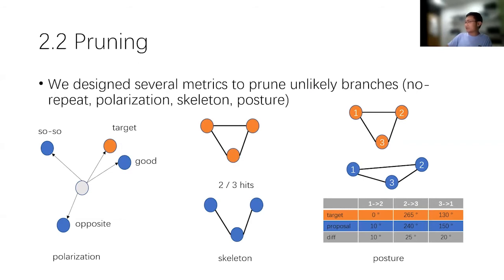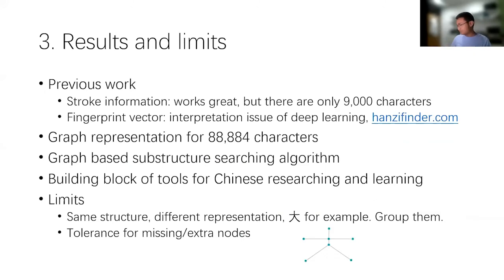With these tricks, we developed the prototype version of our current tool. It works really amazingly. With this, we developed three versions of substructure searching. Stroke information is great, but it only covers 9,000 characters.